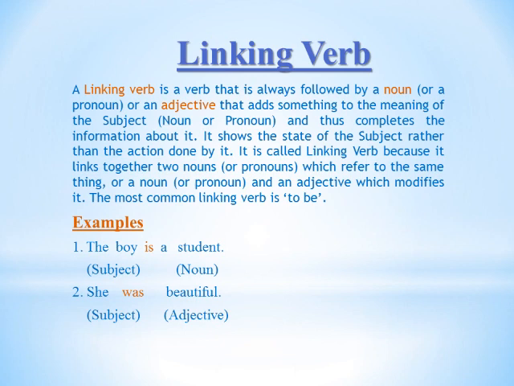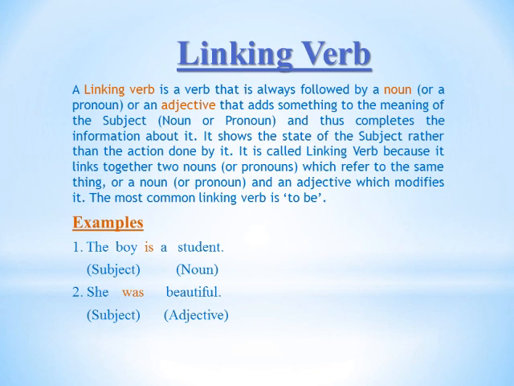It shows the state of the subject rather than the action done by it. It is called linking verb because it links together two nouns or pronouns which refer to the same thing, or a noun or pronoun and an adjective which modifies it. The most common linking verb is to be.